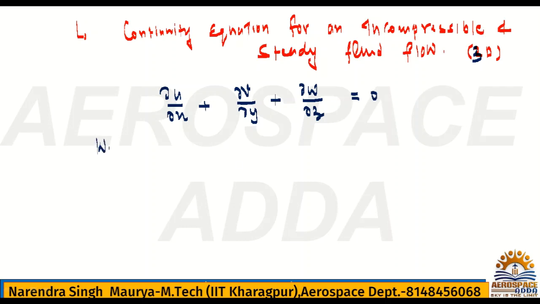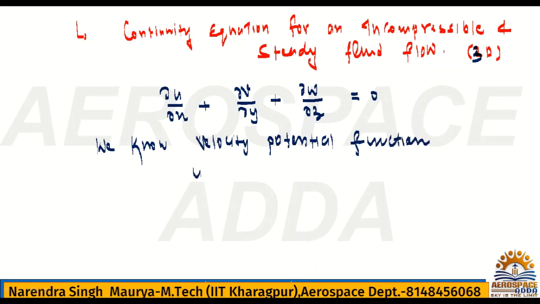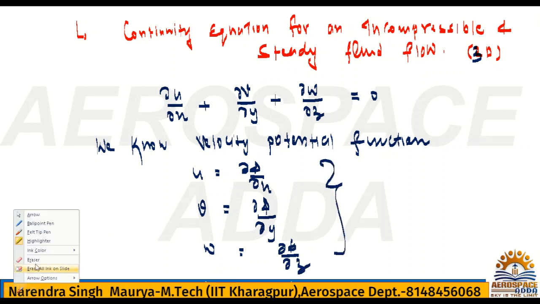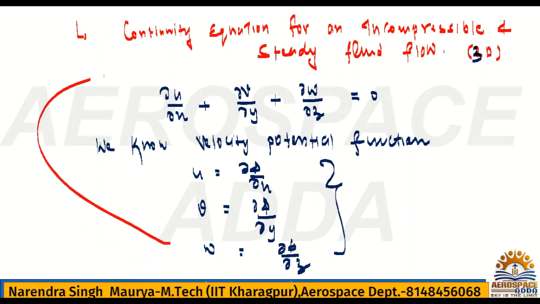We know the velocity potential function, u is equal to dou phi by dou x. We'll satisfy this value with the continuity equation. Yes or no?